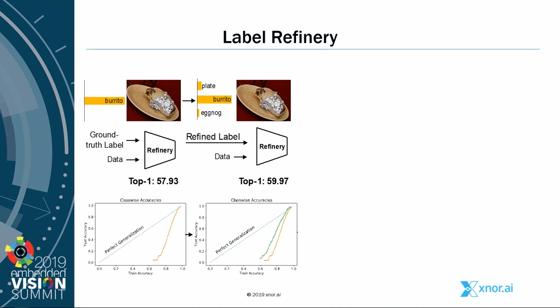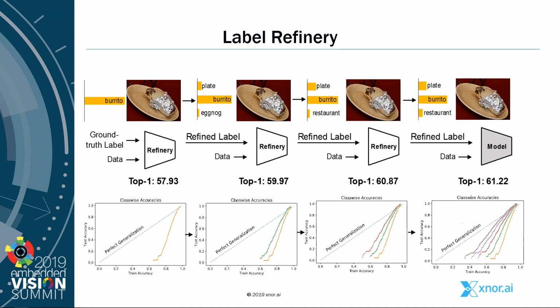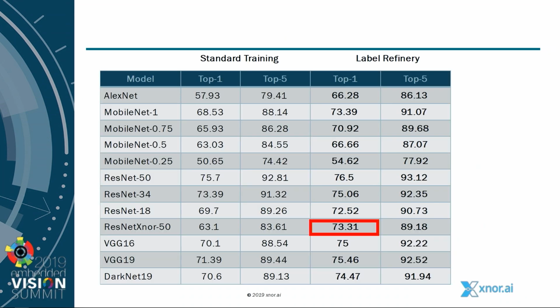If I repeat this task, meaning that again I pick the probability of this new network as a label for the previous one and retrain from scratch, my accuracy improved a lot, and I'm getting very close to perfect generalization. If we apply this onto all those models, it improves the accuracy a lot.